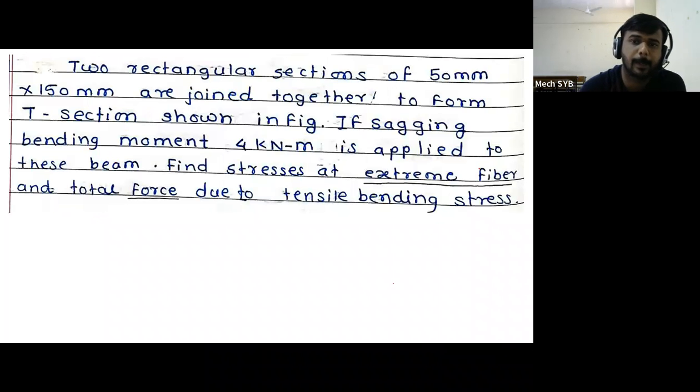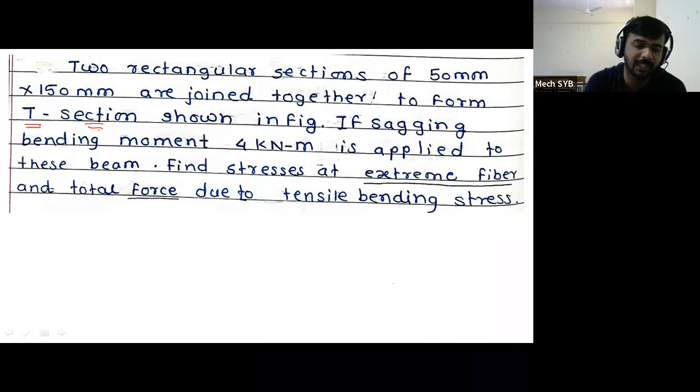Okay, finish. Now, next. So read the statement carefully. What is the statement in front of you? See, two rectangular sections of 50 mm by 150 mm are joined together. What are the dimensions of the two rectangular sections? 50 mm by 150 mm, and they are joined together to form which section? T section.